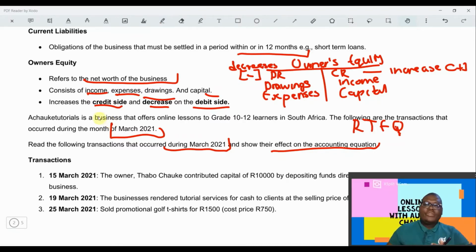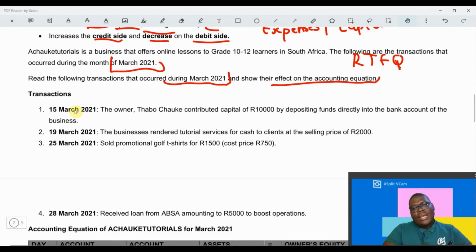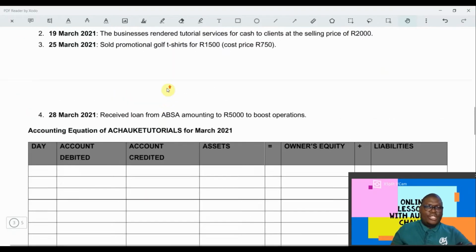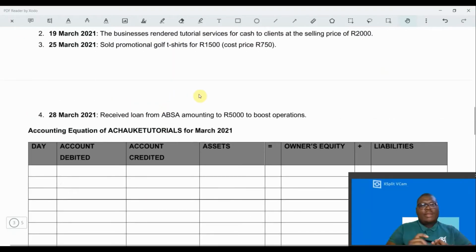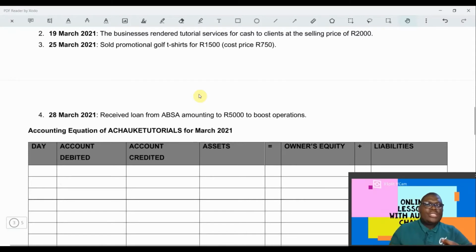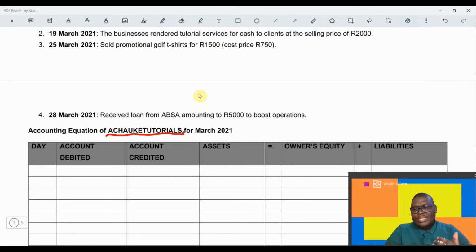Okay, with that being said, let's look at the structure of the accounting equation, just so that you can understand some things that we spoke about. Remember, I said that when you do an accounting equation, one of the things that you need to pay attention to is to always tell us what is the business that you're preparing the accounting equation for. What is the name of that particular business? We want to know. You can't just say accounting equation and just write the month and keep quiet.